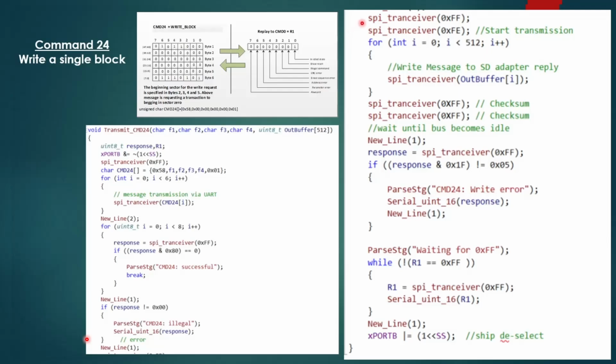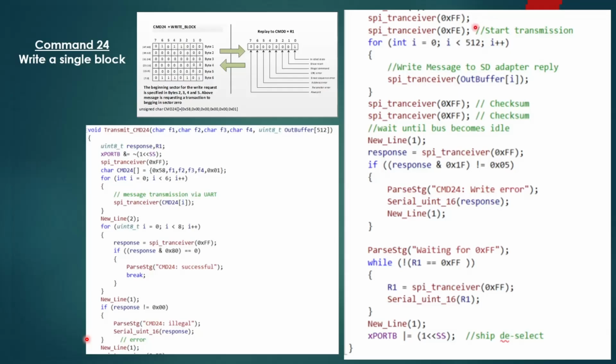After that, we send another dummy message, and then at this point I'm going to send to the SDHC the FE command, which is going to tell it that I'm going to start the transmission.